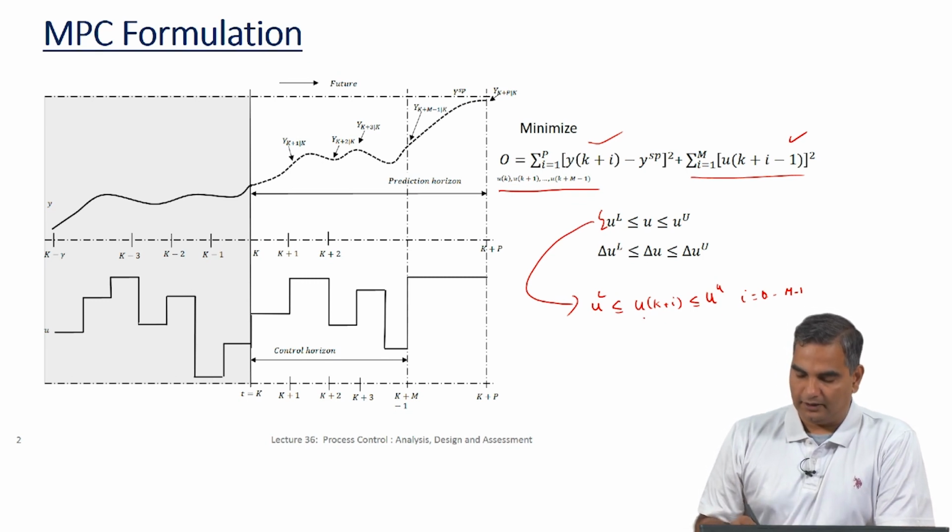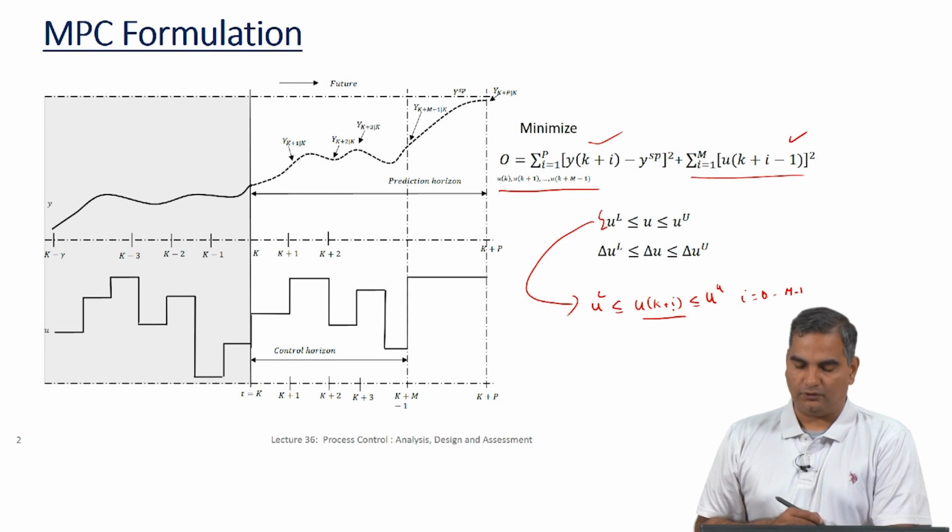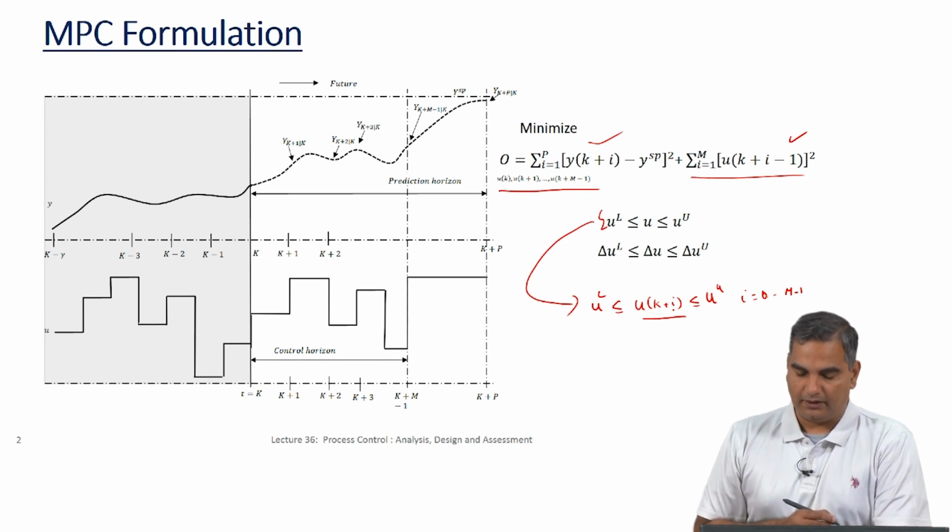When I is 0, this becomes u k, when I is 1, this becomes u k plus 1, when I is 2, this becomes u k plus 2, and when I is m minus 1, it becomes u k plus m minus 1. So, that is how this constraint is applied on every control move that we take.